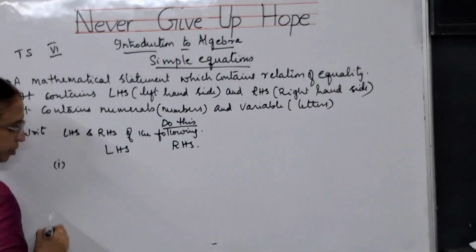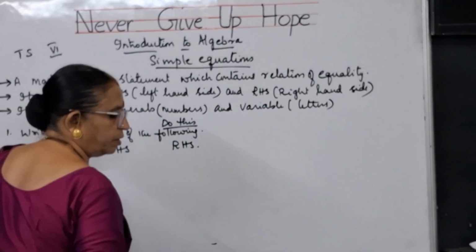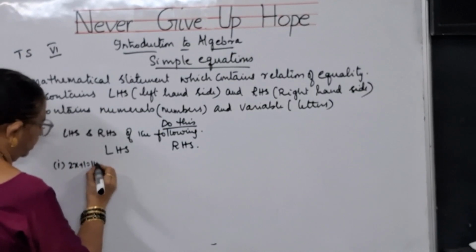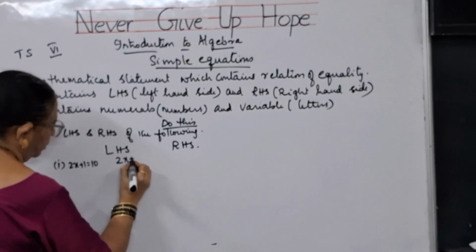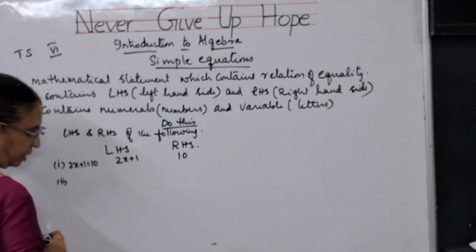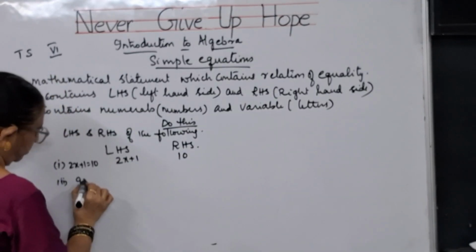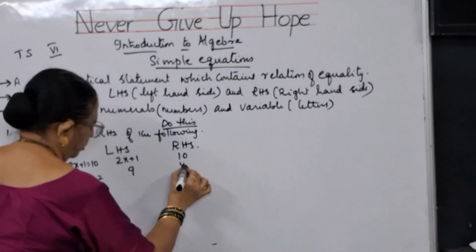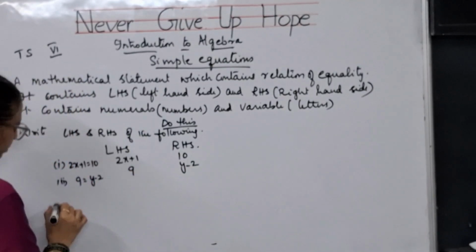What is the first problem? 2x plus 1 is equal to 10. So LHS is 2x plus 1, RHS is 10. What is the second one? 9 is equal to y minus 2. So LHS is 9, RHS is y minus 2.